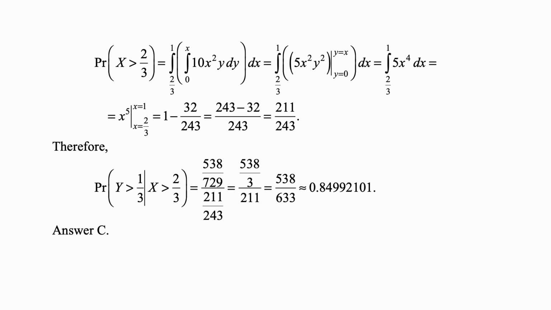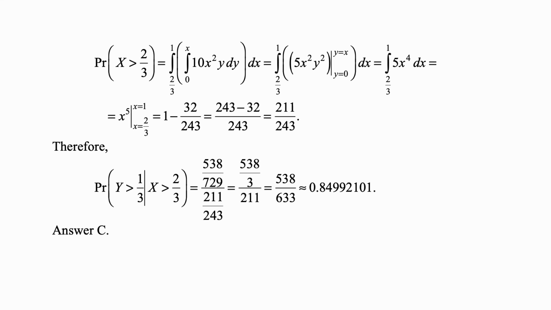So x therefore runs from 2/3 to 1, and then y has to be less than x. And therefore it runs from 0 to x. The joint density is 10x squared y dy. And then after we do this integral with respect to y, we get the result and take the integral of the result with respect to x.